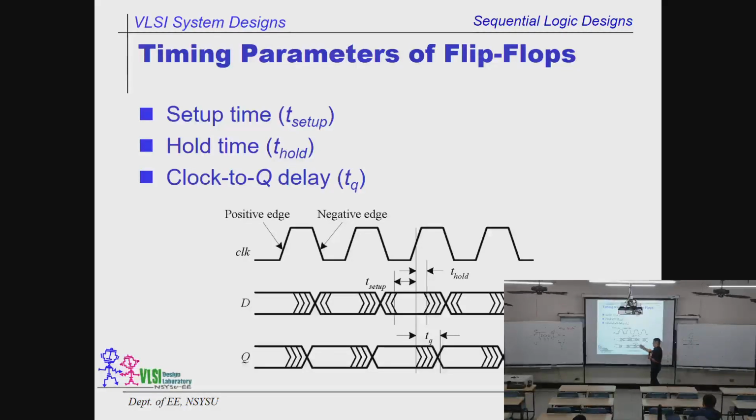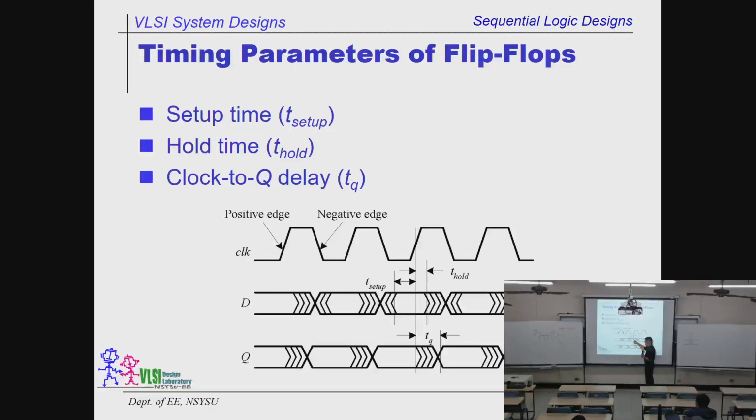Let's assume that, relative to D, the clock is perfect. The pulses of the clock are fixed. As we said before, you want to use the clock to sample the data. You have to make sure the data, the D, is stabilized before the edge you want to use.